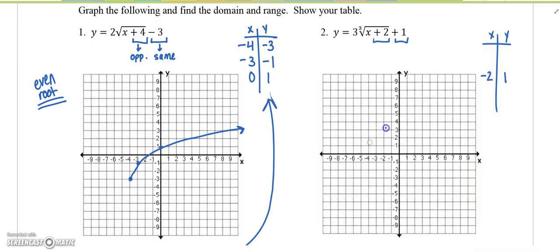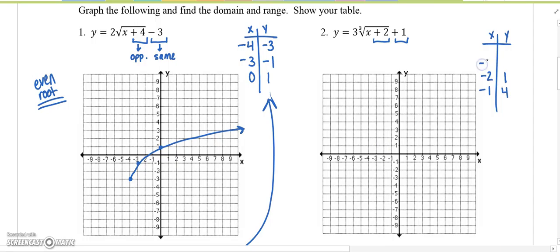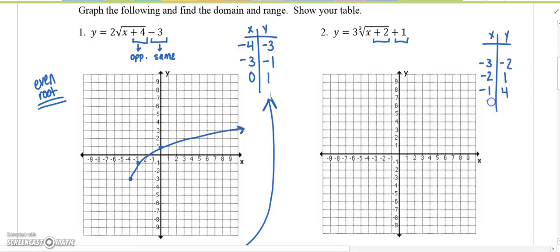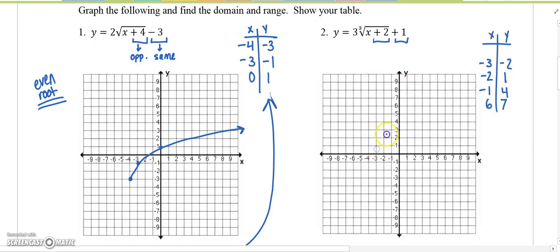So -1, 4, and above there's -3, -2. Then I'm going to have to scroll for those other ones. I'll scroll down first. There we go, 6, 7. And then if I scroll up, there it is, -10, -5.